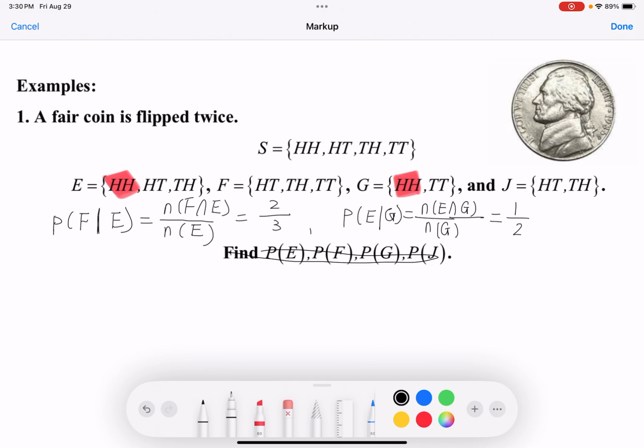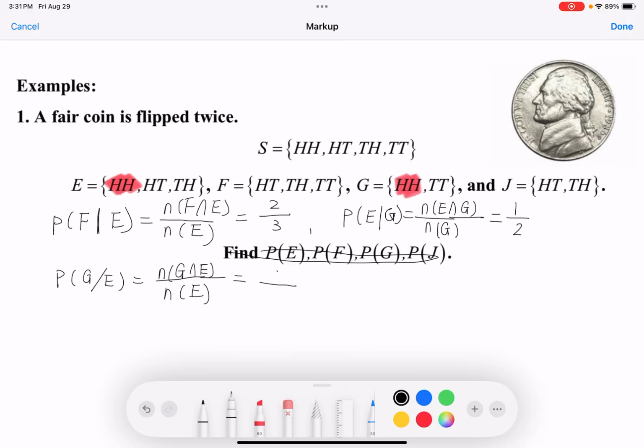Okay, how about next one? Let's solve them horizontally. Next one is P of G given E. It equals N of G and E divided by N of E. All right, on the top, let's see G and E. Like the previous example, G and E equals E and G. They have only one element, HH.